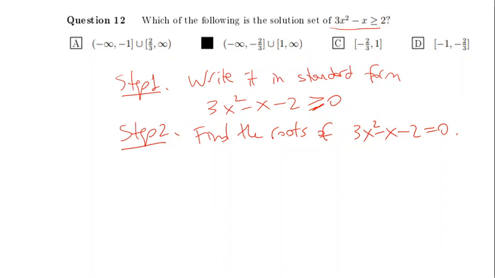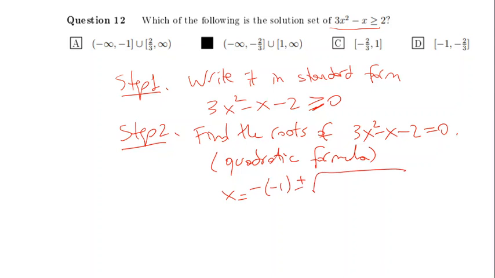Okay, one way is using the quadratic formula, or the other way is to use factoring. So we can factor it. Or, maybe quadratic formula. Okay, I will use quadratic formula here. X is equal to minus b, it's minus 1, plus minus square root of 1 squared minus 4 times a times c.